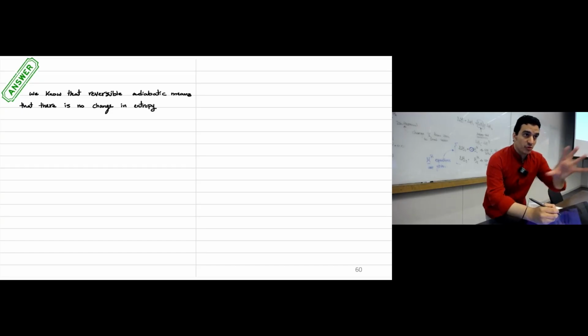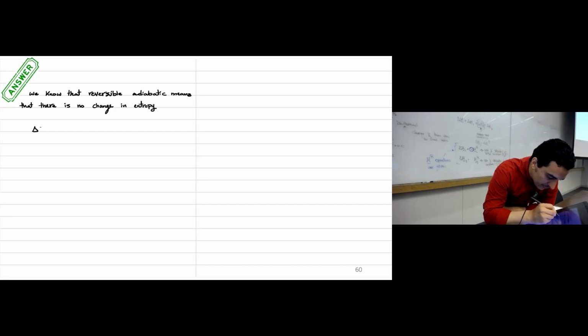We know that reversible adiabatic means that there is no change in entropy. So this is what we will find.